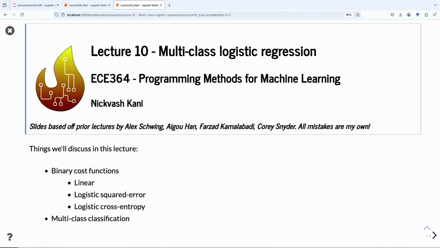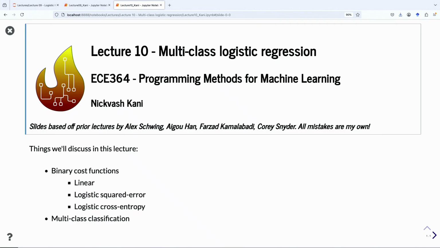Okay, so that's all well and good. Then we finished the lecture with logistic regression, and so today we're going to talk a bit more about logistic regression. We're going to go back over cost functions, and then we will get into multi-class classification, and that'll be a good stop point.